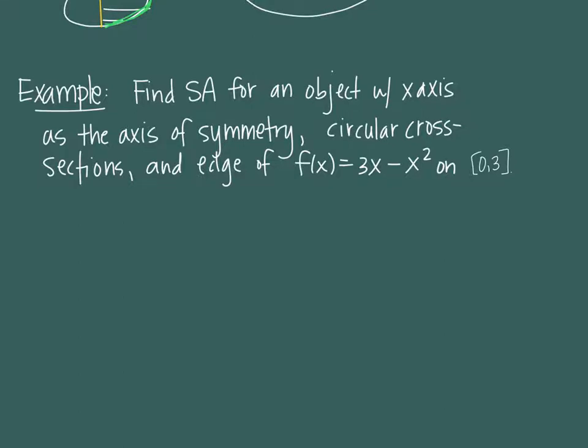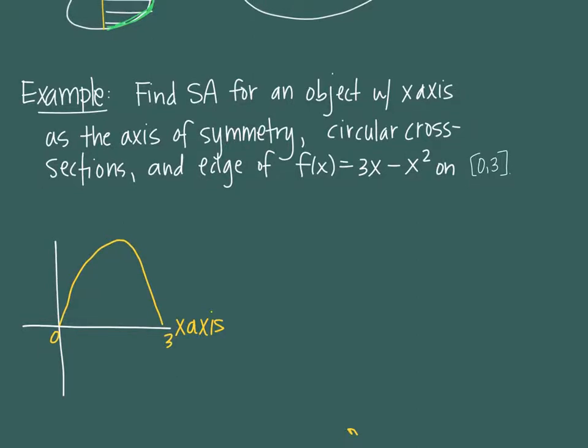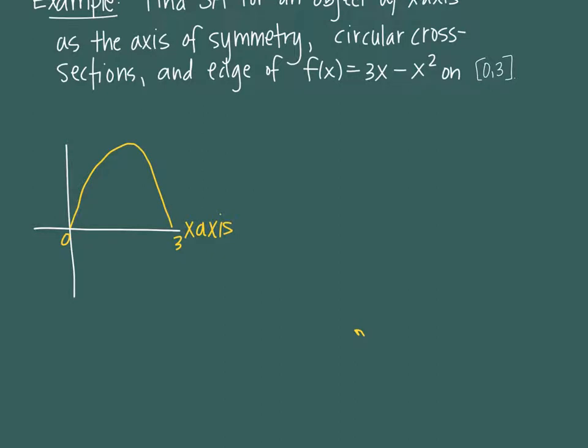Okay, to understand what this looks like, the x-axis is going through the center of this object. Its edge is being formed by an upside-down parabola. The upside-down parabola looks like this, crossing at 0 and 3. And because it has circular cross sections, that means that this thing is reflected over the x-axis.